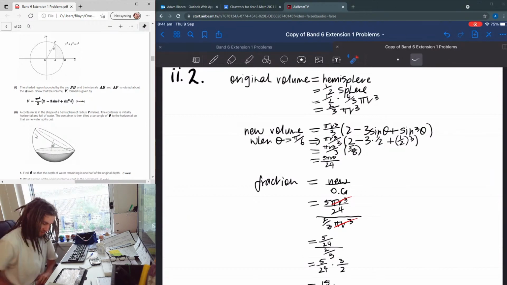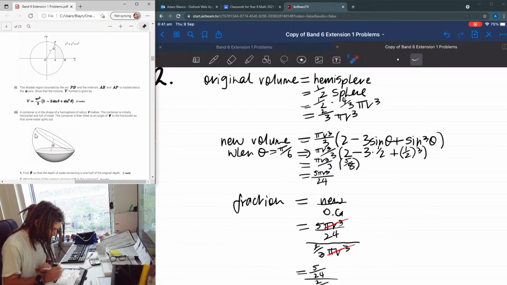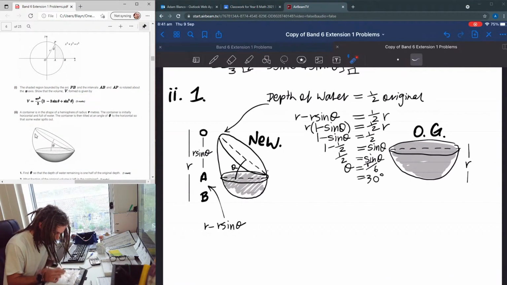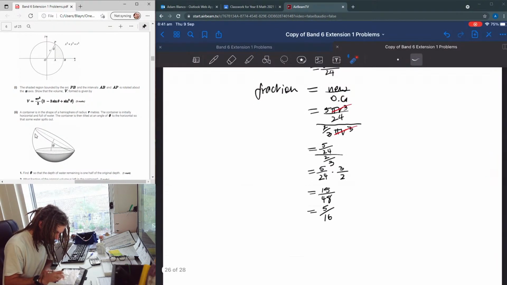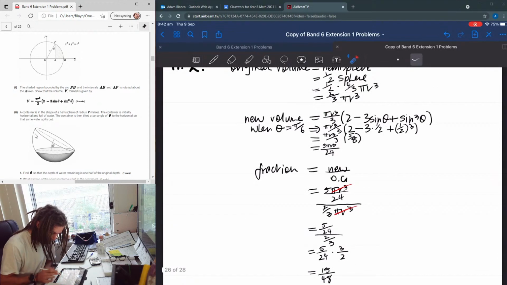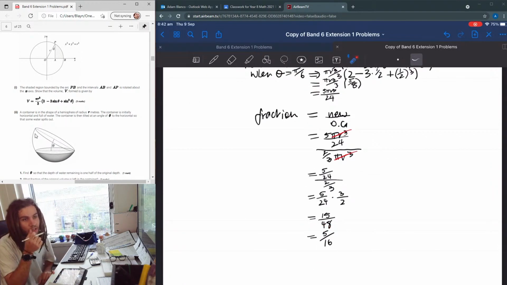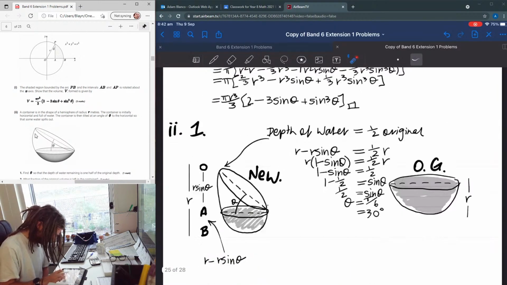Anyway, the first question basically is like, where is it? It says that at that angle, the depth is half of what it is, and then the actual volume at that depth is 5/16 of that, which is kind of interesting. That's criminal mark distribution.